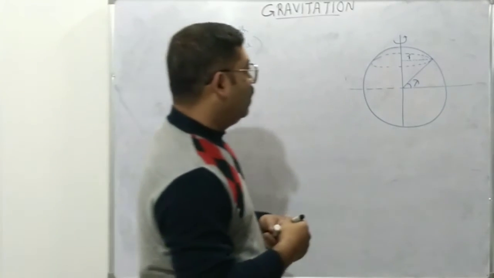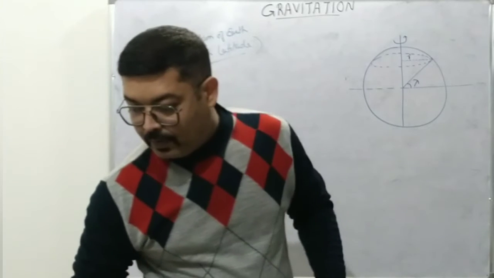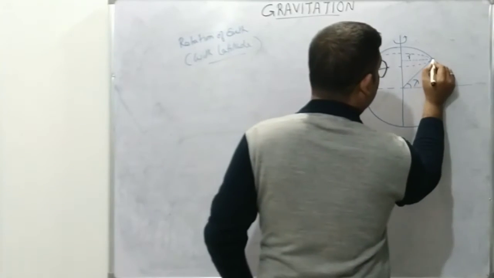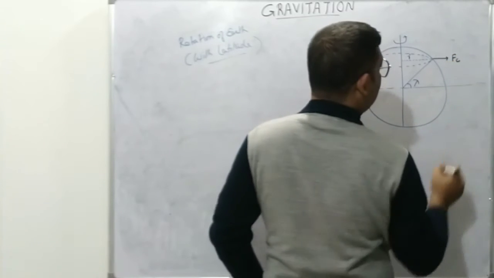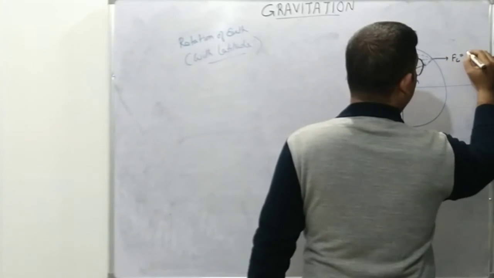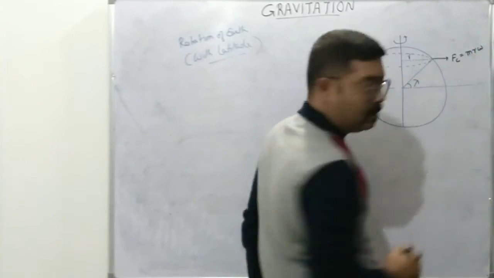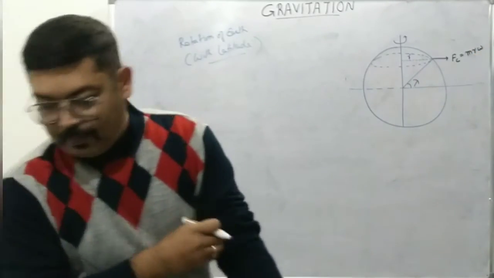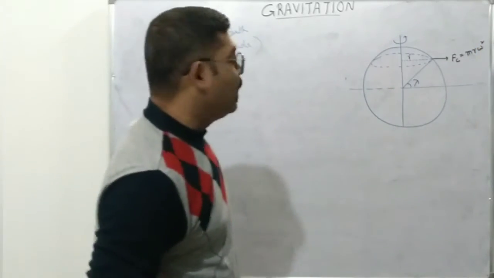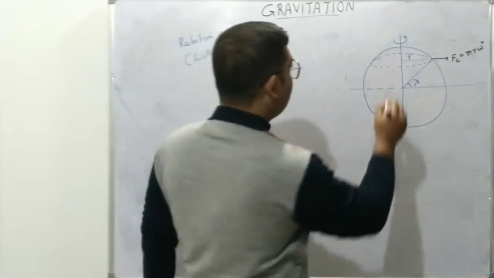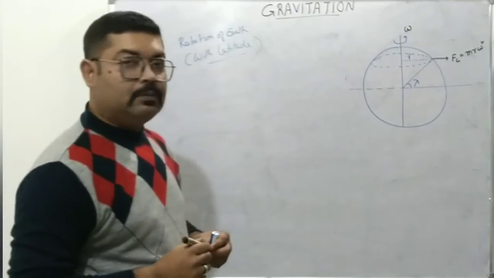This means there will be a centrifugal force acting along this, F_c, which must be equal to m r omega squared, that is, m v squared by r or m r omega squared, where omega is the angular velocity of Earth's rotation.